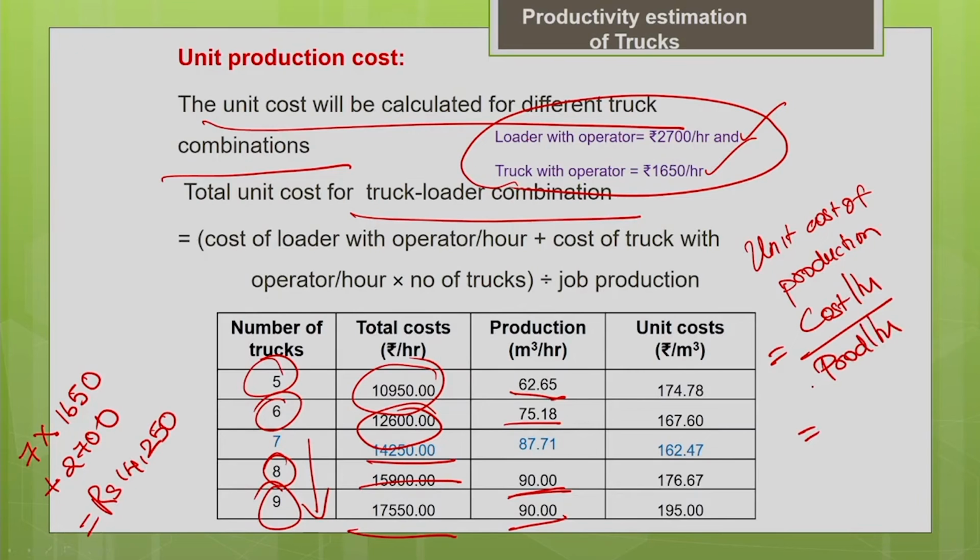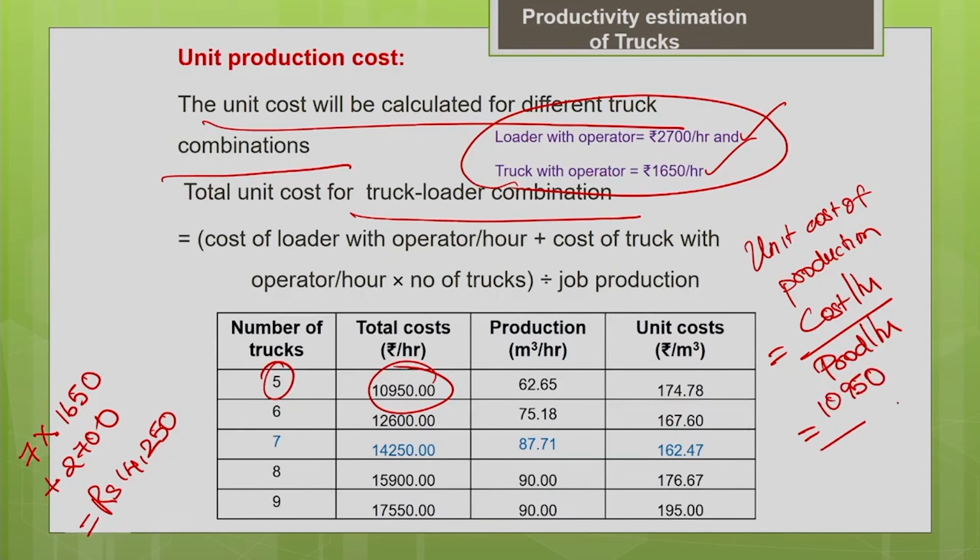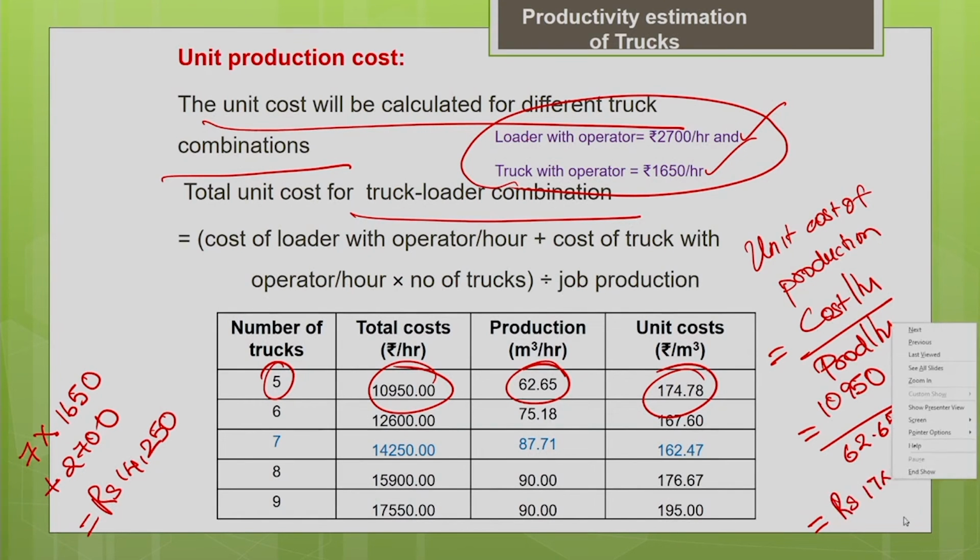So for 5 trucks, what is the total cost? 10,950 divided by productivity 62.65. This gives me the answer as rupees 174.78 per meter cube. This is the unit production cost associated with 5 trucks.